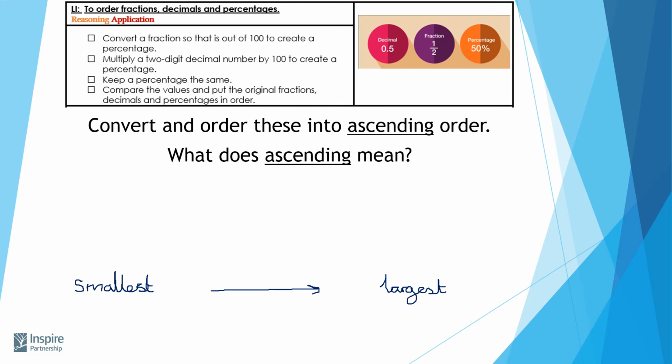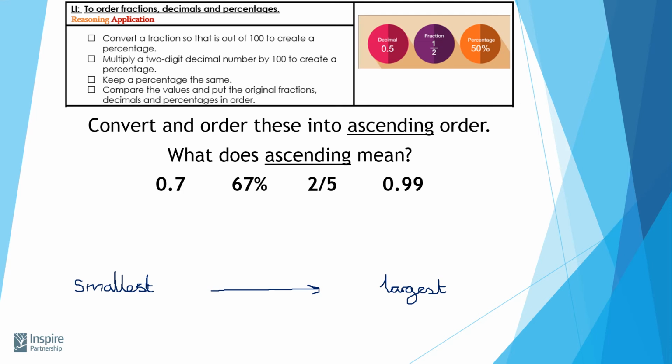So let's have a look at the numbers that we're going to be converting. Let's have a look here with 0.7. Now it's always useful to put them in the same kind of answer. So we want to make sure that all the answers are either in decimals, fractions, or percentages.